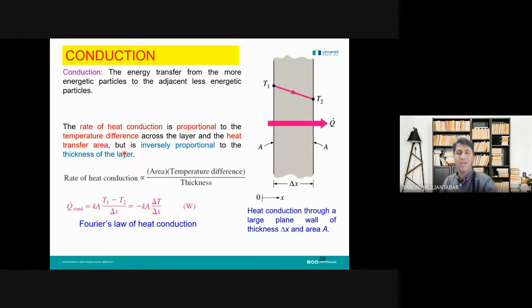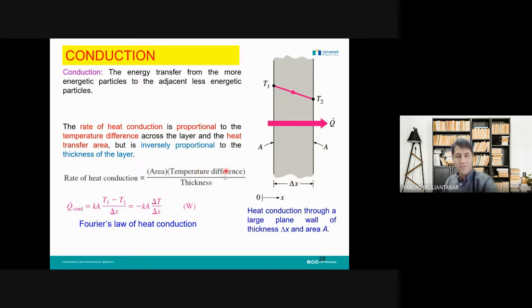In other words, the higher the thickness of the substance, the lower the heat transfer from one side to the other side of that substance. So we can write this with an equality sign. Rate of heat conduction is a function of area and temperature difference, and it is inversely proportional to the thickness.